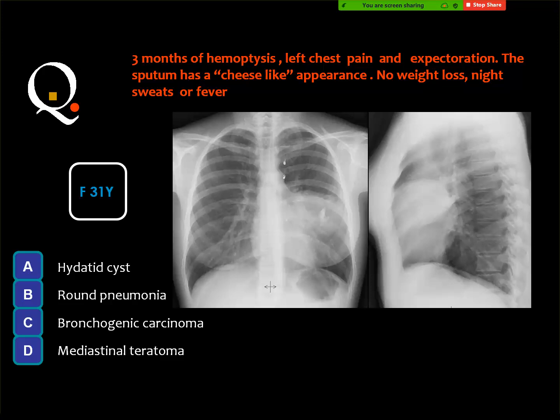But the history excludes bronchogenic carcinoma: no weight loss, no night sweats. Okay, but if this is in the lung, you may say that this is a bronchogenic carcinoma even in the presence of calcium. But what makes you favor the possibility of a mediastinal pathology?